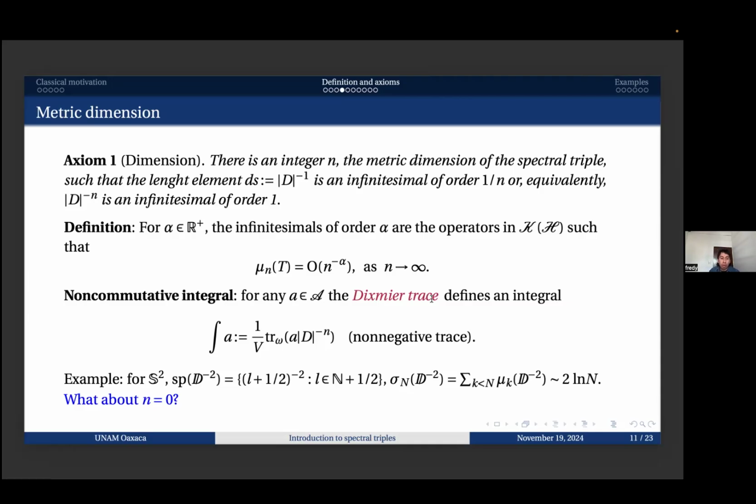And what about 0? I don't know very well how to say the metric dimension, but maybe I will skip this question for the moment because of time.